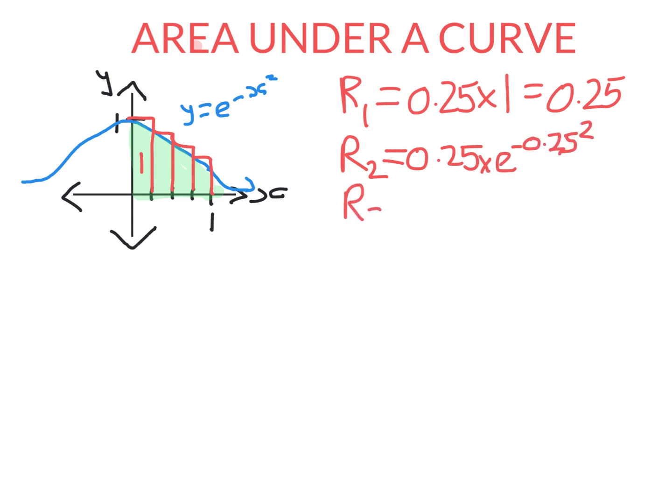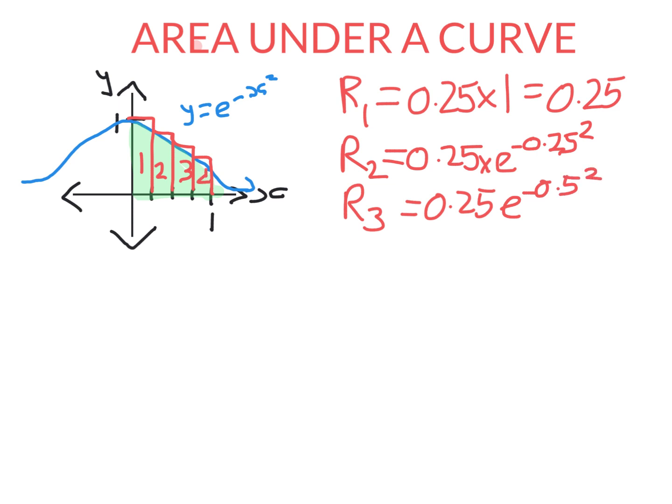Similarly, the third rectangle, sorry, that was the second. The third rectangle once again has width 0.25. Now its height will be whatever the y value is at this point. So it will be e to the minus 0.5 squared.